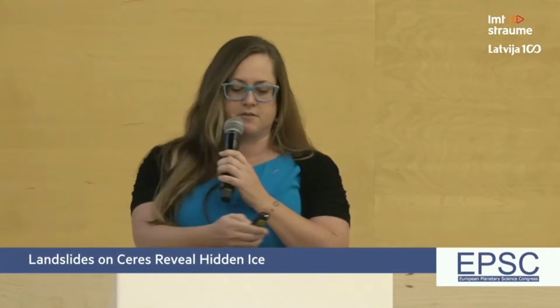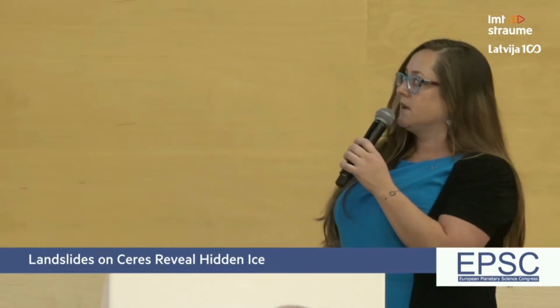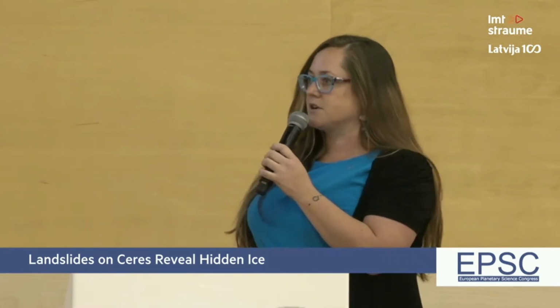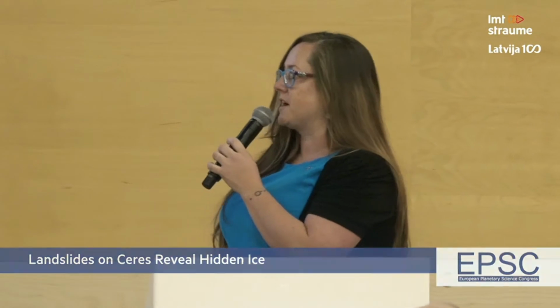So perhaps one of the surprises of the mission has been that one of the dominant surface processes on Ceres is in fact landslides or mass motions of a variety of kinds. I'm just showing a survey here of a bunch of different styles of landslides that we see.